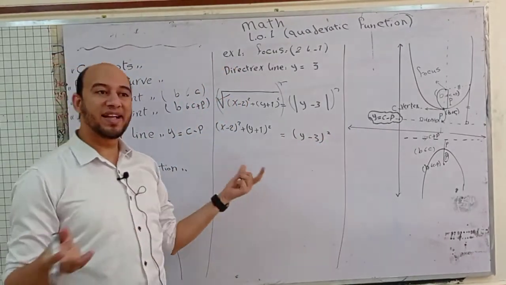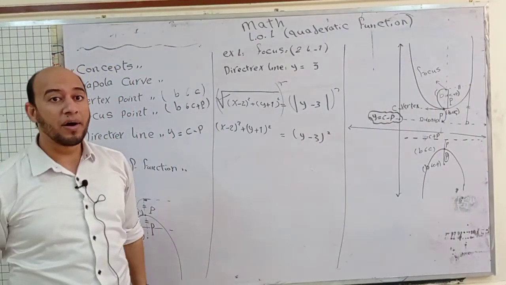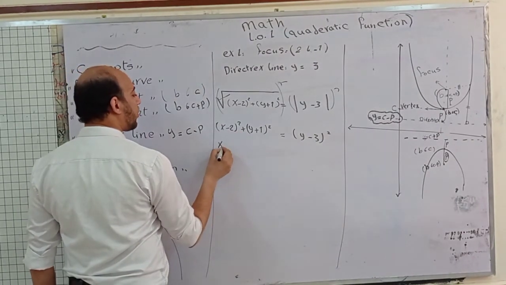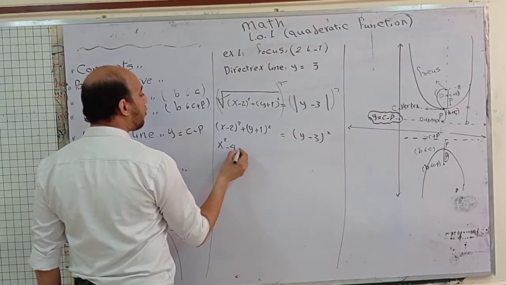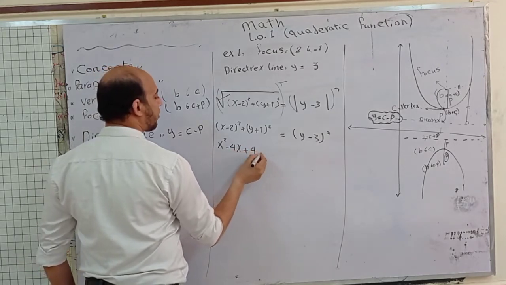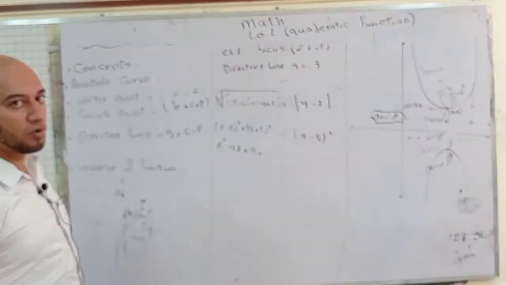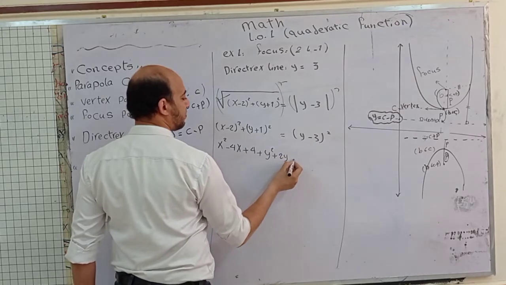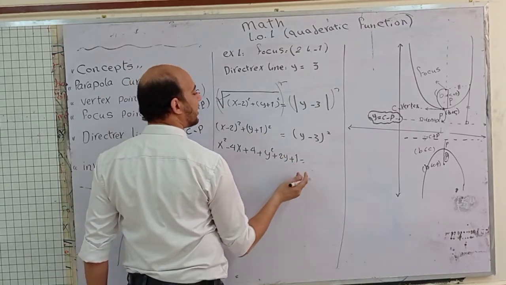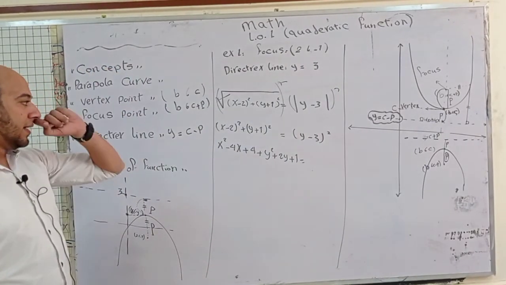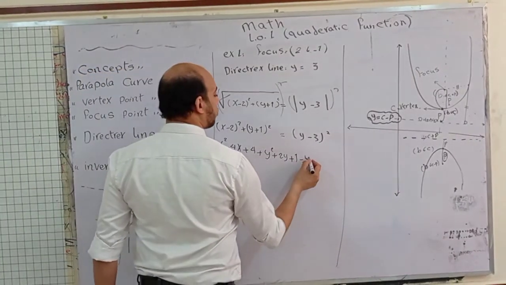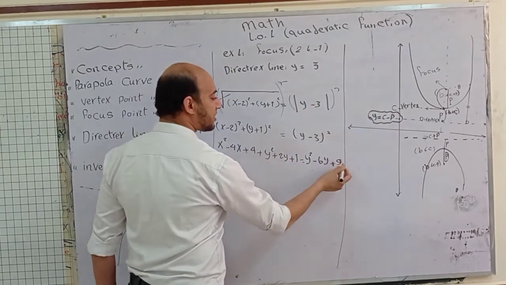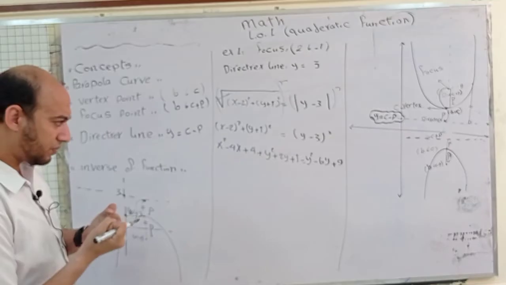Now we can expand by the perfect square law. We get x squared minus 4x plus 4, then y squared plus 2y plus 1, and on the right side y squared minus 6y plus 9. This is the equation, but we want to simplify it.